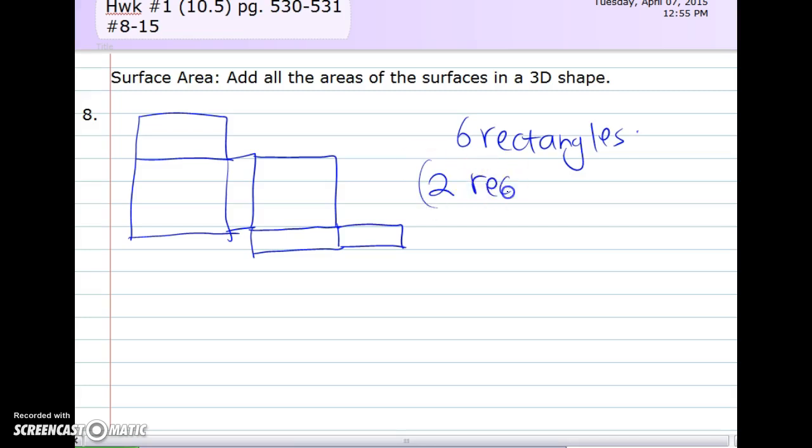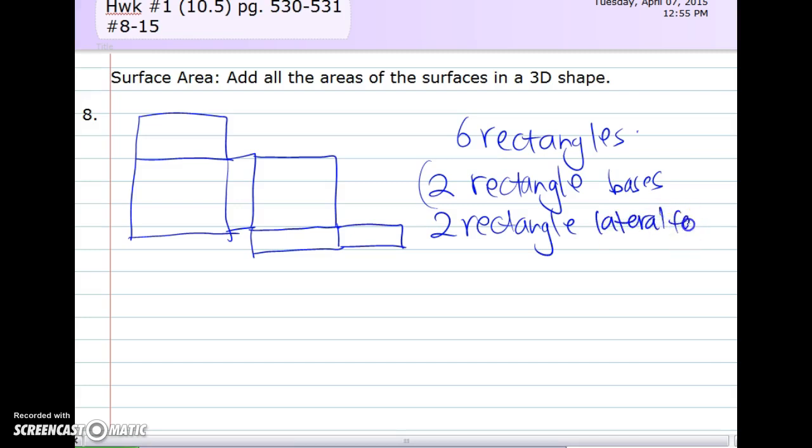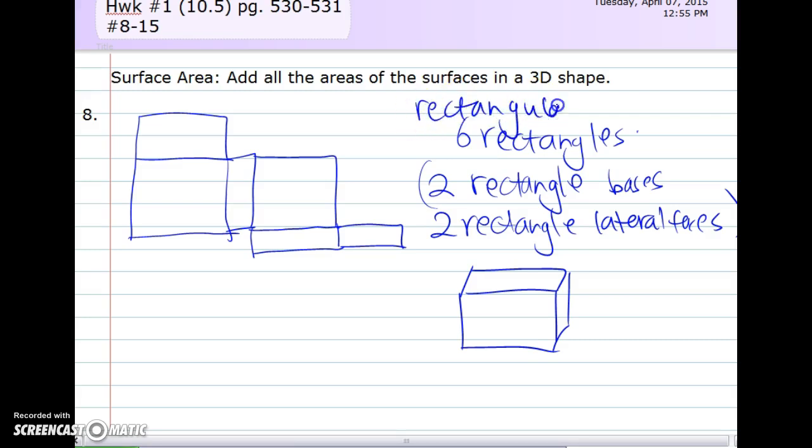So there would be 2 rectangle bases, and that would make 4 rectangular lateral faces, totaling these 6 rectangles. So it would look something like this when it is all put together from this net: a rectangular prism.